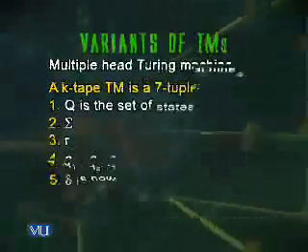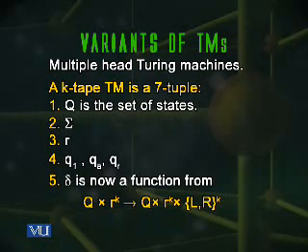We can formally once again define this Turing machine as another 7-tuple where Q is the set of states, Sigma is the input alphabet, Gamma is the work alphabet, q0 is the initial state, qA as usual is the accept state, and qR is the reject state. Once again, the delta function will be different from a single-head Turing machine.